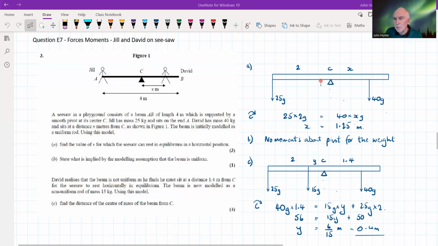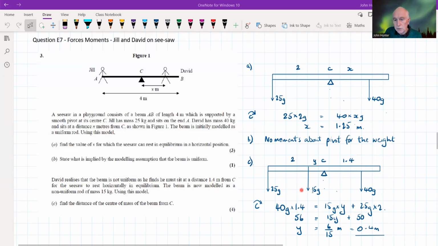If you try and superimpose things on top of the first diagram, it can get confusing. And if you want to go back and check the first part of the question against the diagram that's been modified for the second question, it's going to be a bit confusing. So I would suggest you draw a second diagram and work from that.